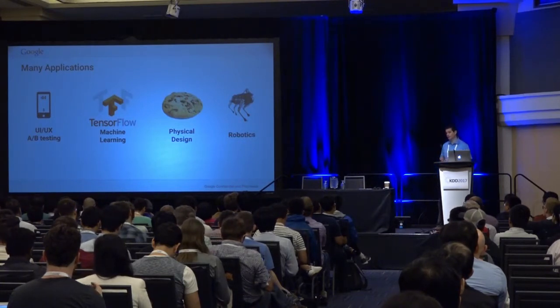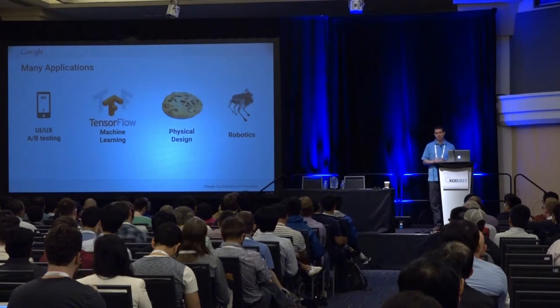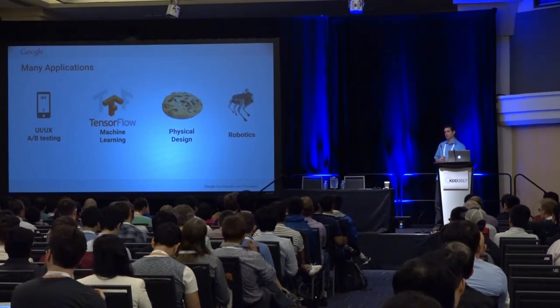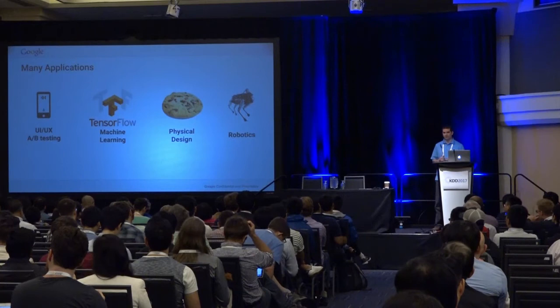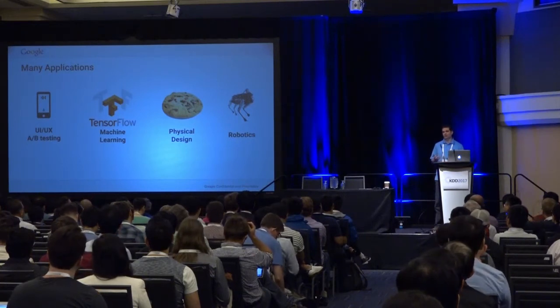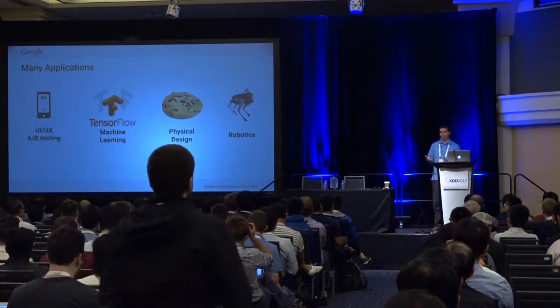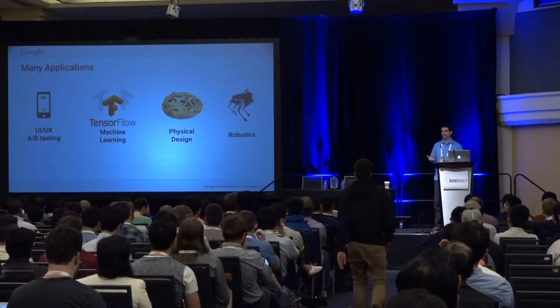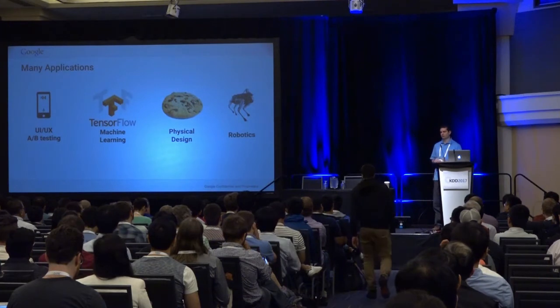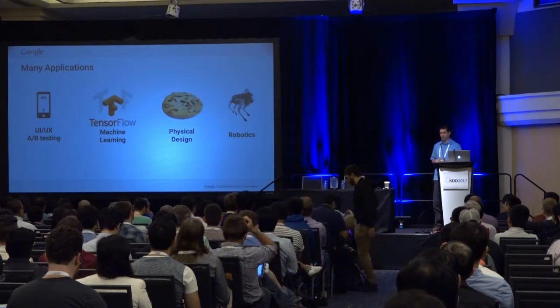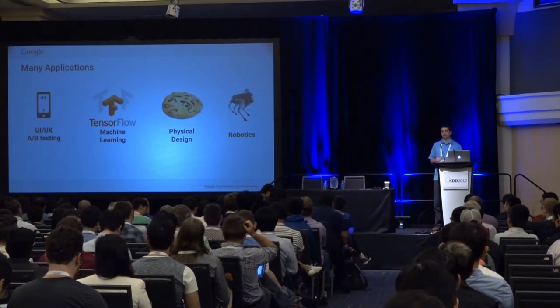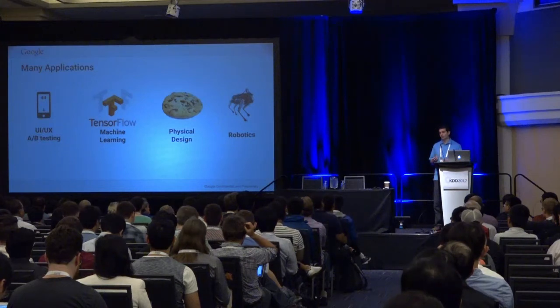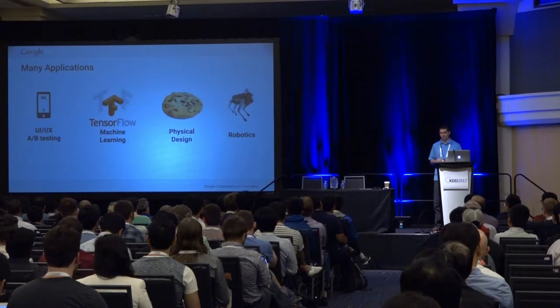Another big application domain for black box optimization is optimizing machine learning models, for things like hyperparameter tuning. For those of you who are not familiar, when you have a machine learning model, you have to train it. There are often parameters that are not directly learned from the training procedure, like learning rate and regularization settings. For deep learning, you also have architectural parameters that you can tweak in terms of the shape of the network, the size of it, and so on.